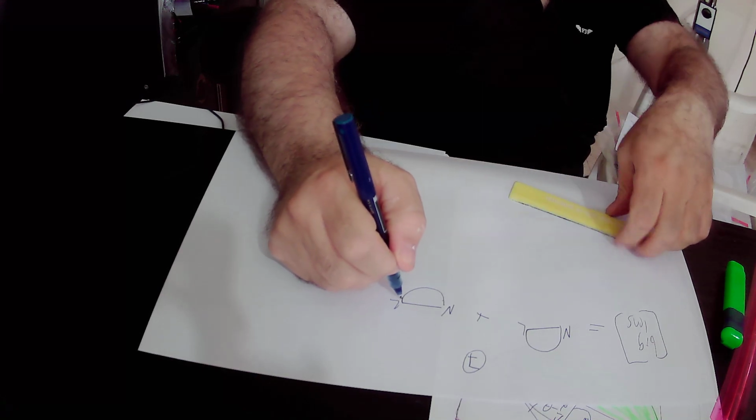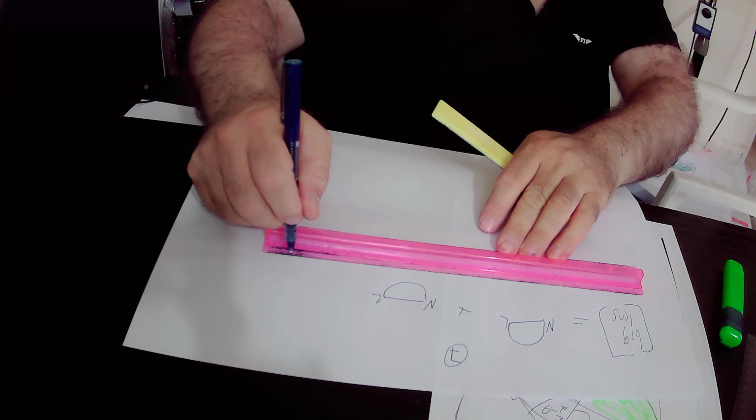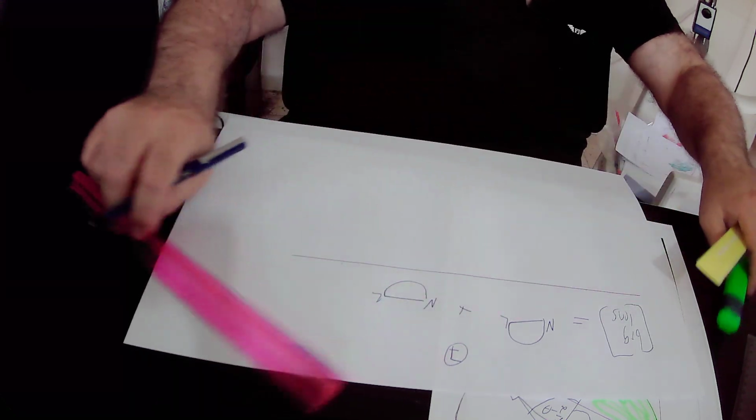We will add the two areas together and we will get the area of the big lens. Okay.